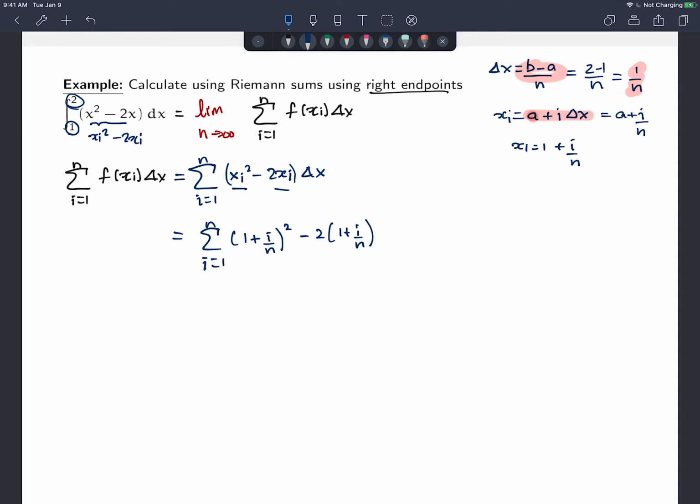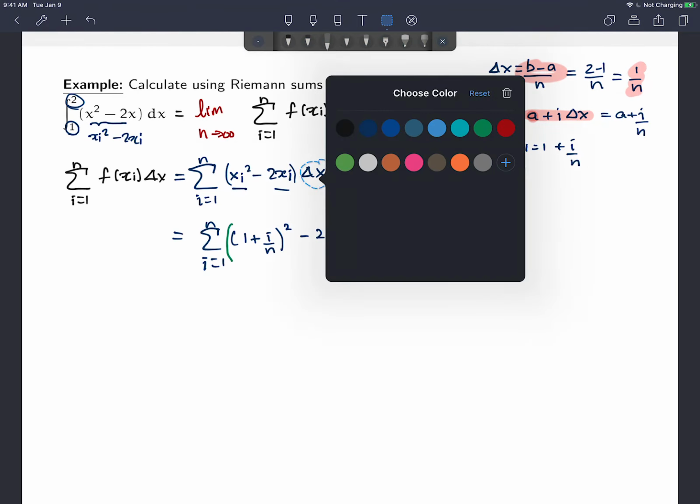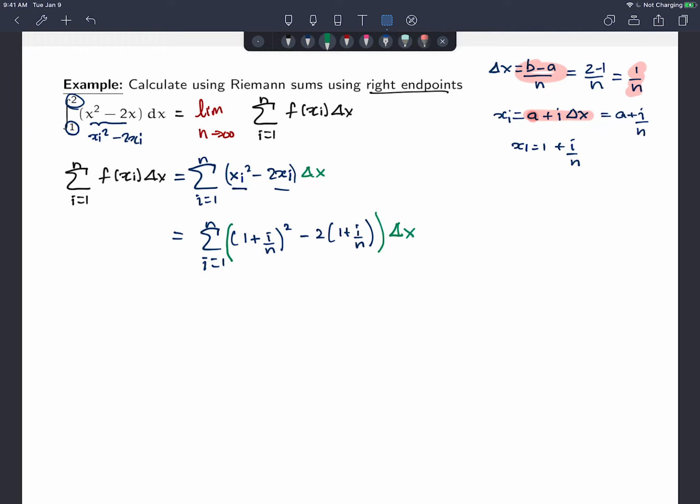And all that is still multiplied by the delta x. So maybe I should keep track of that delta x in a different color. That delta x is this one that was here. Let's change it to green. And since I'm plugging it in, let's just say it's 1 over n.